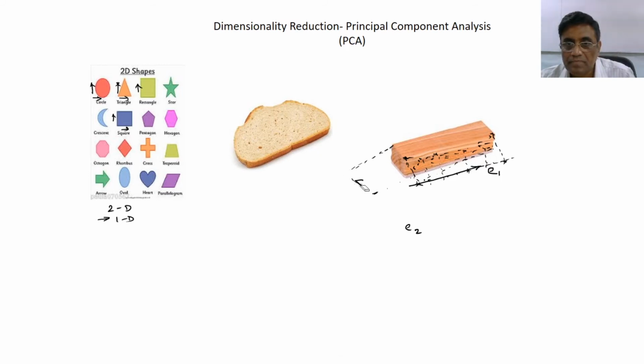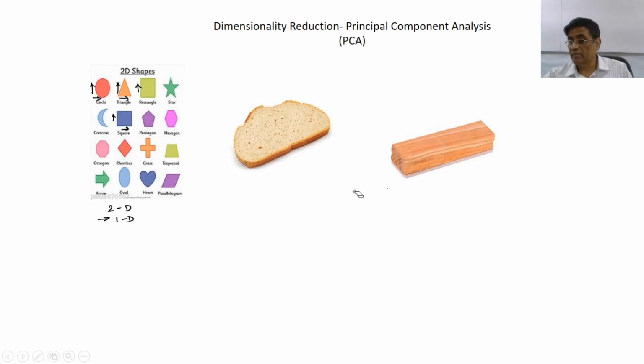So in analysis, we will try to find what is the most appropriate direction along which we will project the data. Okay, so 1, 2, 3, 4, all these appropriate directions should be figured out.